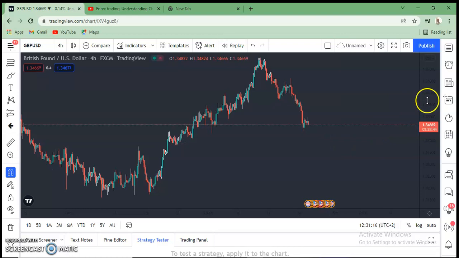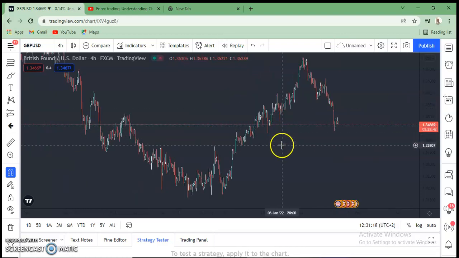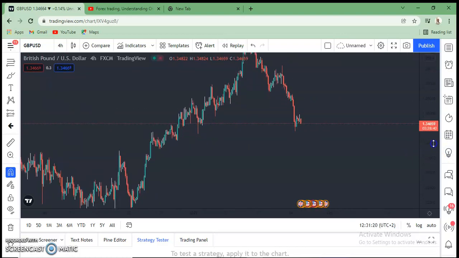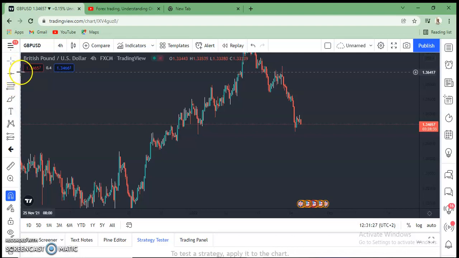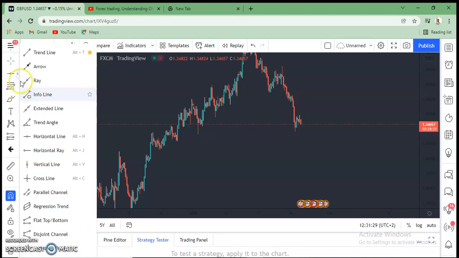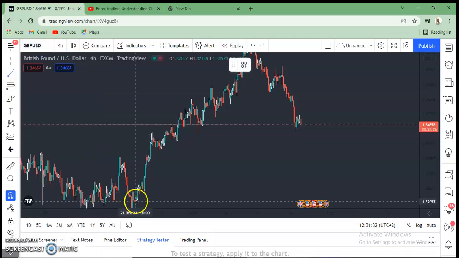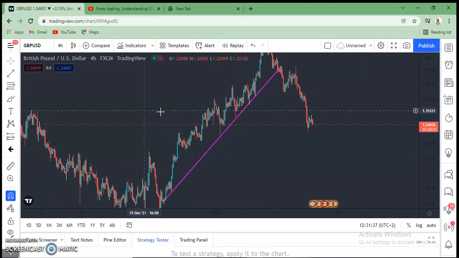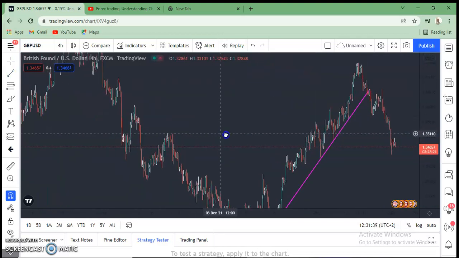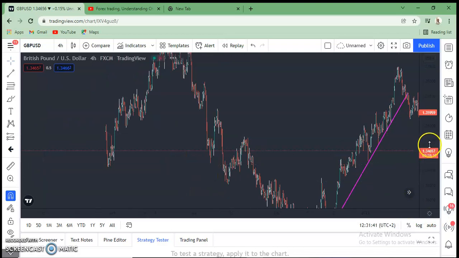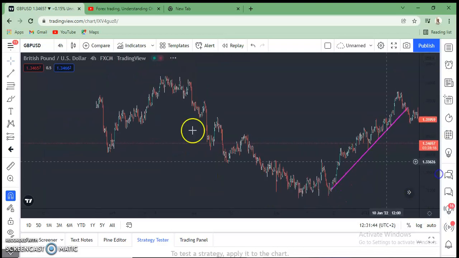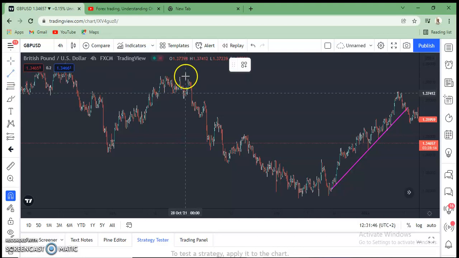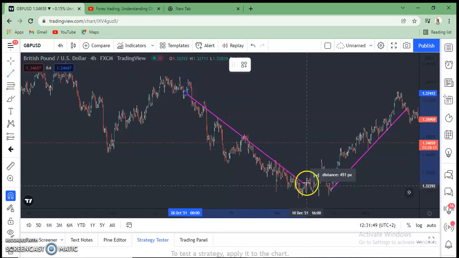Previously we learned about the trend lines or the market trend, and we learned that there is an uptrend, and we learned that there is a downtrend.